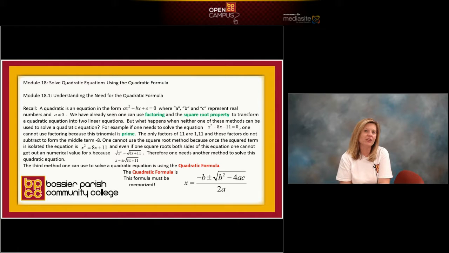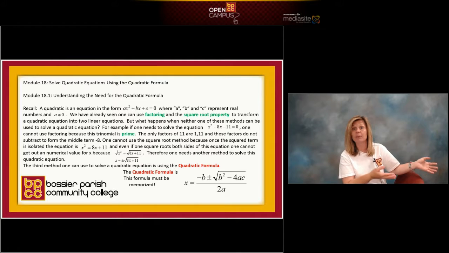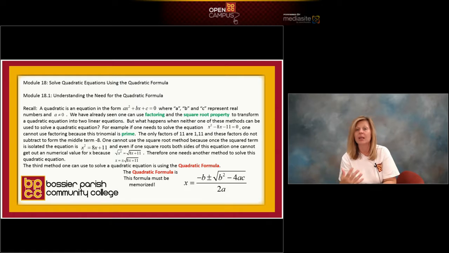The third method to solve a quadratic equation is called the quadratic formula. Now, formulas are great. We just did in Module 17 the Pythagorean theorem, which was a formula. You know from geometry there's all kinds of formulas. There's formula to find a perimeter, there's formula to find area, there's formulas to find volume. In real life, there's a formula to convert from Celsius to Fahrenheit.